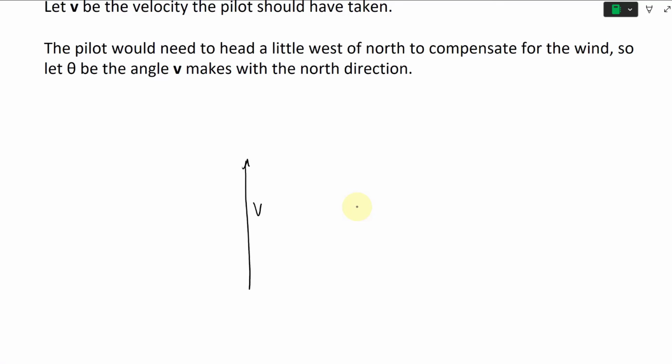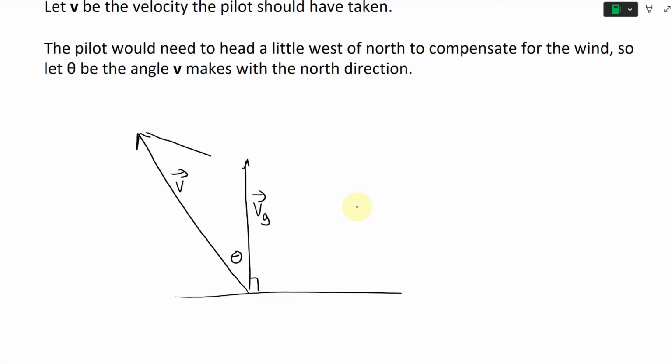And this is due north, where we want to go. Then this is going to be a right angle like this, and now we're going to fly a bit to the west. So that's our V, and this is at an angle theta west of north to compensate.